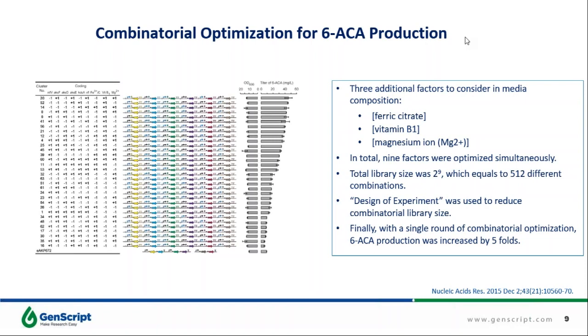In total, 9 factors were optimized simultaneously, so the total library is 2 to the power of 9, which is equal to 512 different combinations. To reduce the initial combinatorial library size and minimize the number of required experiments, the author used a design of experiment approach to carefully select 22 combinations for testing. Finally, with a single round of optimization, the author increased 6-ACA production by 5-fold.